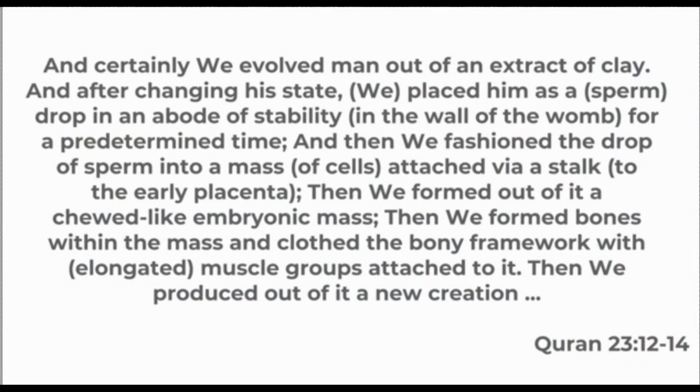So the Qur'an is perfectly correct in mentioning bone first, but at the same time employing the word thumma, which is a more accurate description of how embryonic processes unfold. So this verse says, "then we formed bones within the mass and clothed the bony framework with elongated muscle."